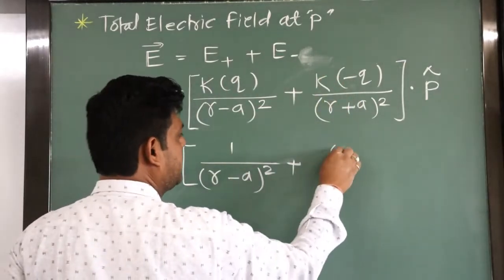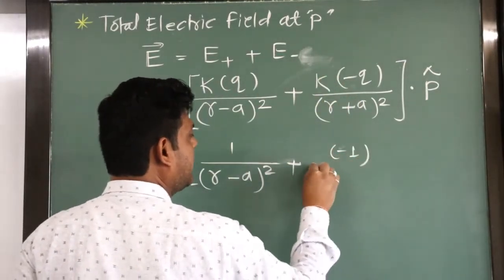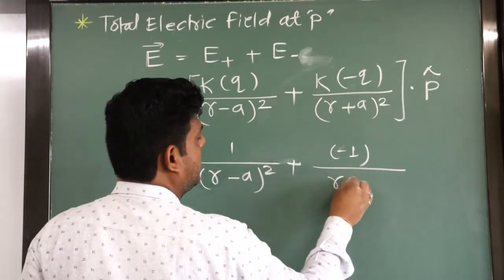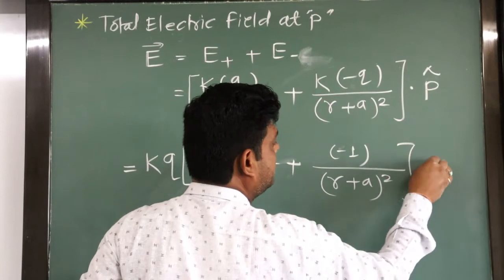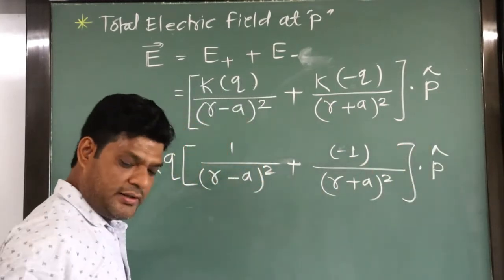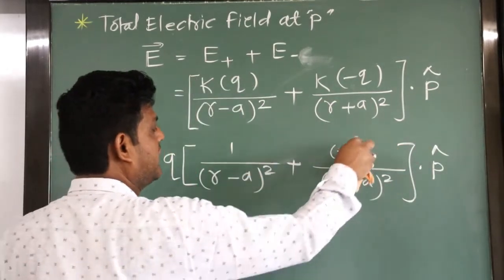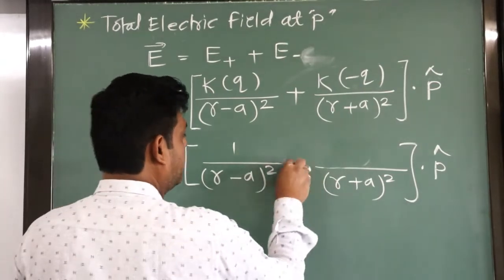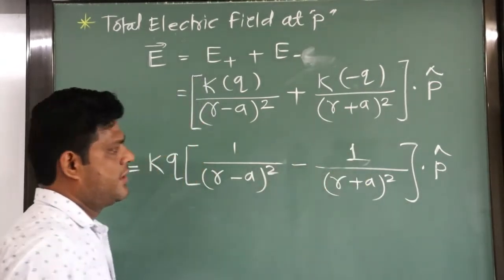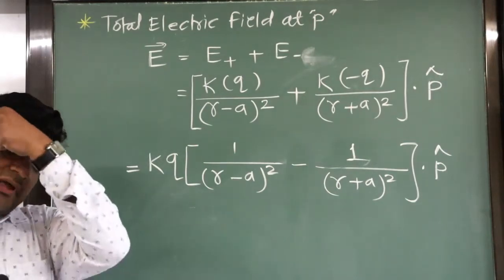So we can write minus 1 over (r plus a) bracket square, bracket complete, p cap, right? What we are doing is we take this plus 1 and write the minus sign, right? We can do it like this. Are you getting me? Okay.